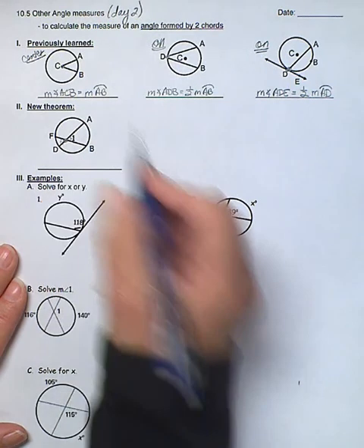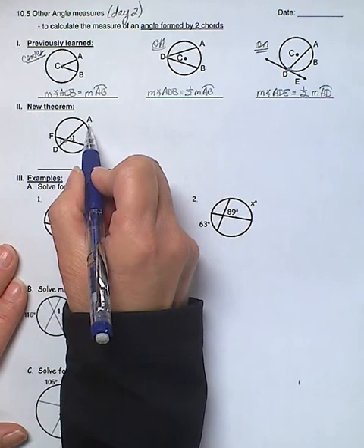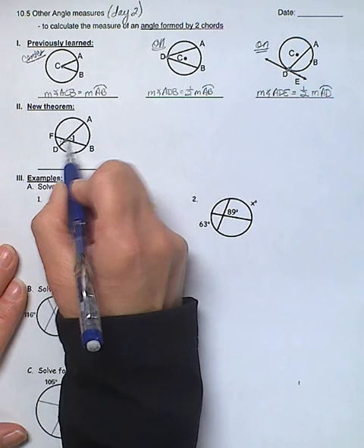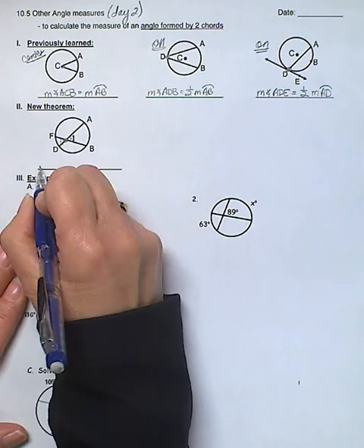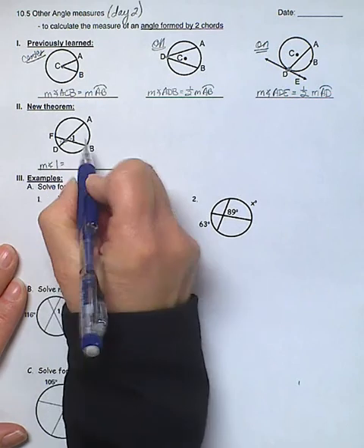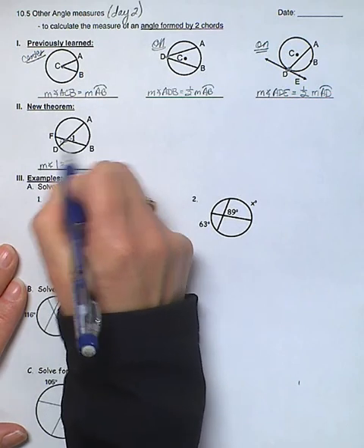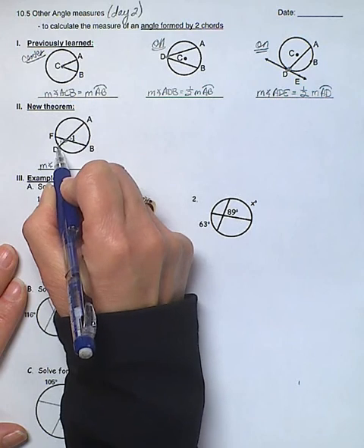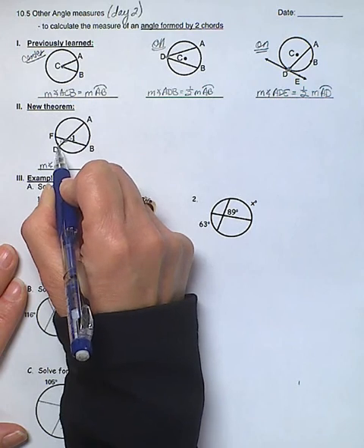What we're going to do is average them out. We have something big, we have something small, we need something in the middle. So the measure of our angle is going to be the average of these two arc measures. Average means to add the two together and divide by 2. But you know me, I like consistency.